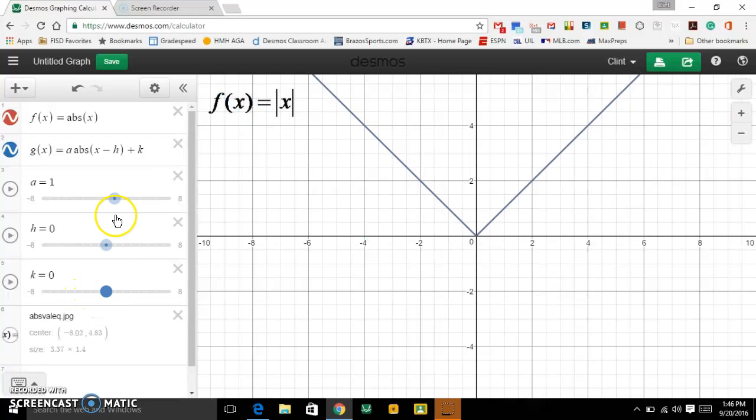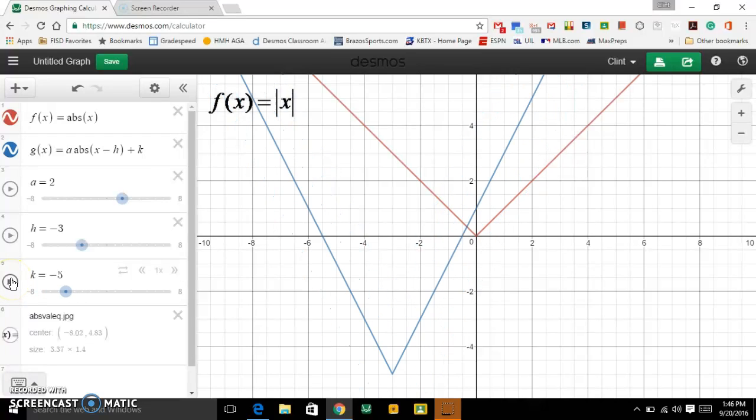Let me reset these again. Just remember, A vertically stretches, compresses, and reflects. H moves it left to right. K moves it up and down.